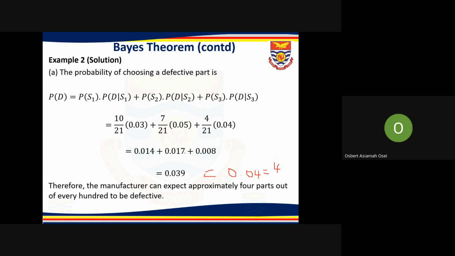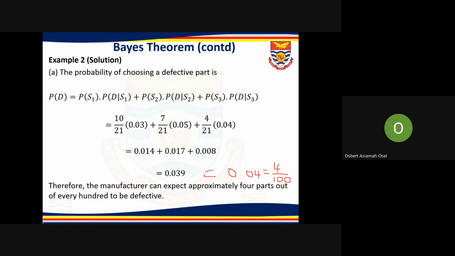That means that out of every 100 parts, you are going to get 4 of them being defective. That is the expectation that the supplier should have after our calculations.